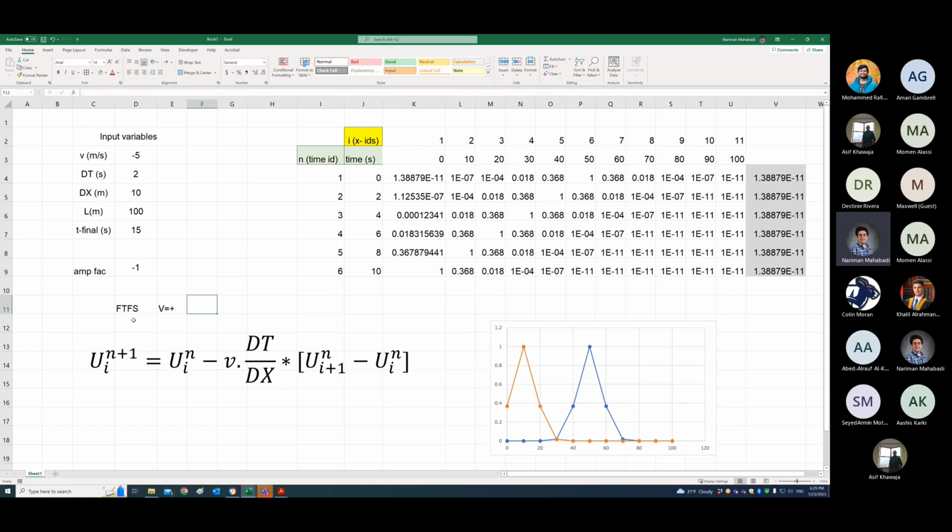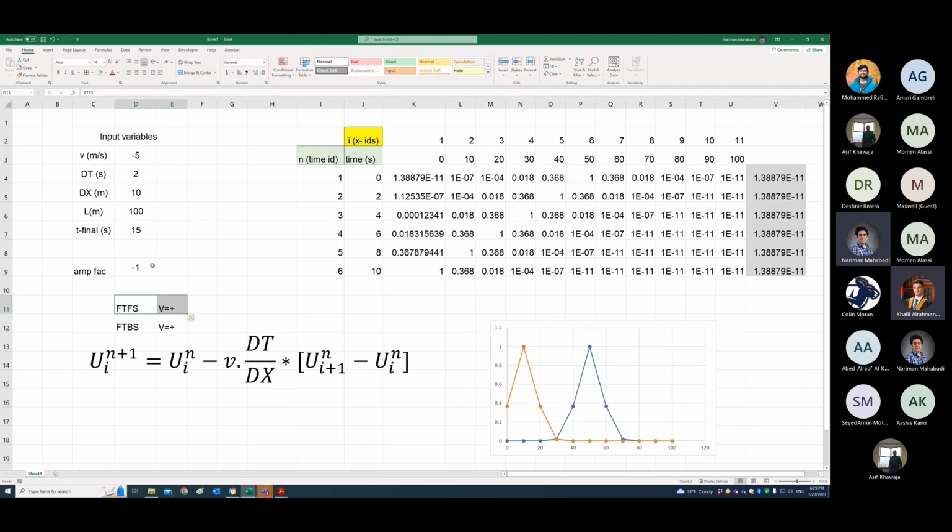But if you are using FTBS and the velocity is positive, then it's going to be stable. In other words, the direction of your scheme should always be opposite to the direction of the velocity. In that case, if the amplification factor is 1, then you're going to get an unconditionally stable system.